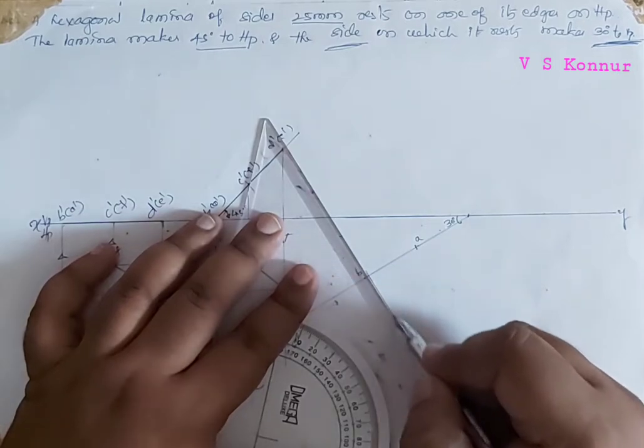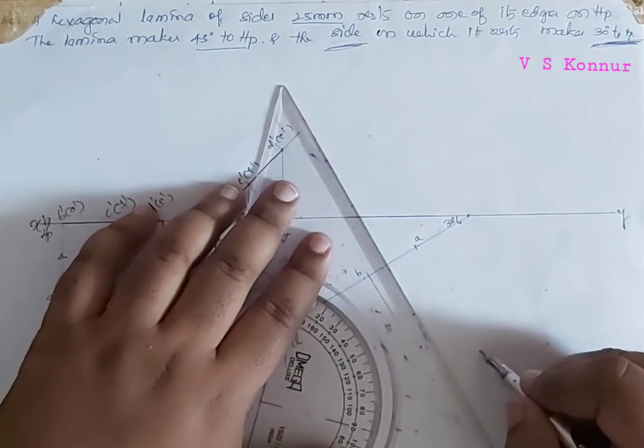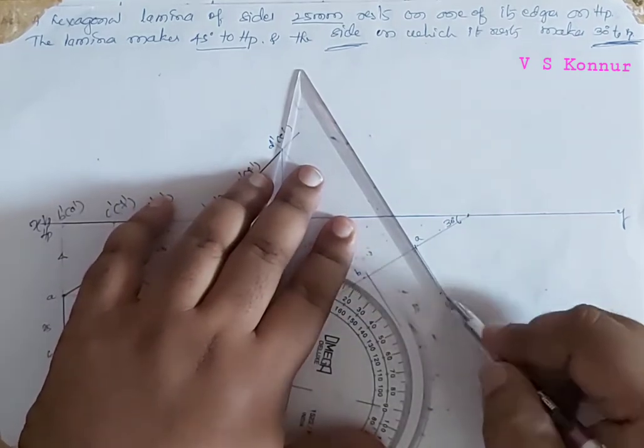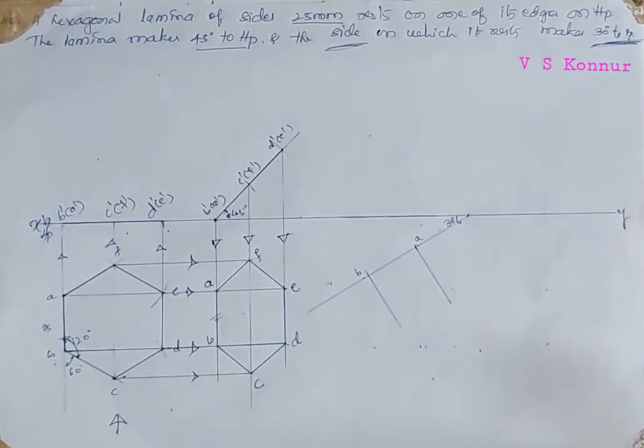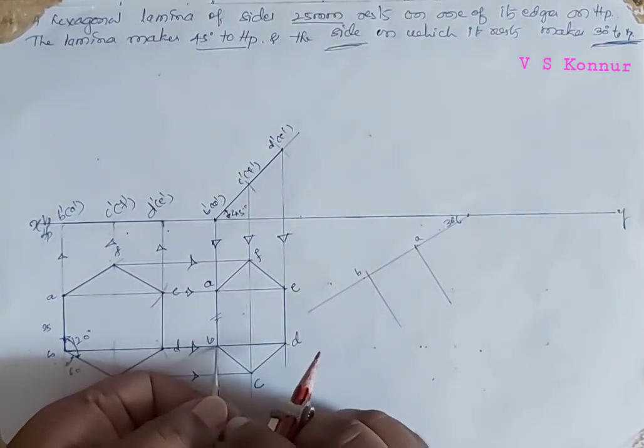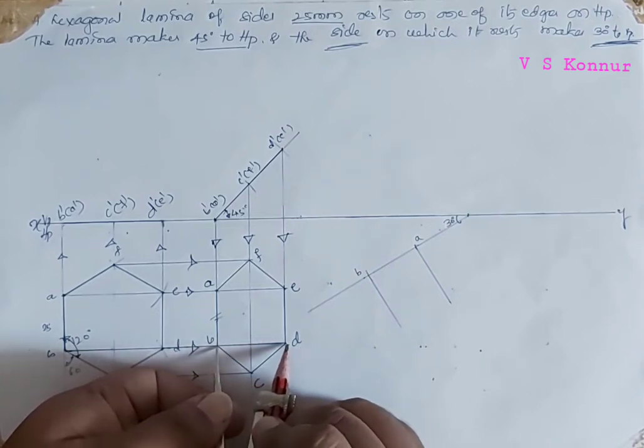Only that much you have to draw. And then take your divider, cut the distance B to D. B and D are in the same line, because of that the 90 degree length is there.